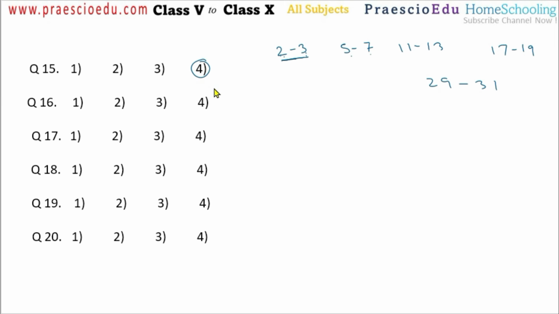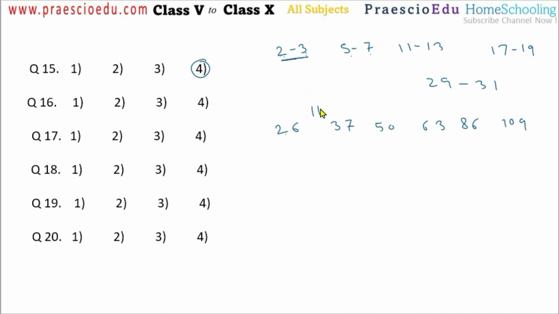Question number 16. Find the wrong term from the given number series. So here 26, then 37, then 50, then 63, then 86 and 119. So here after 26 a prime number, 11, is added, then we are getting 37.